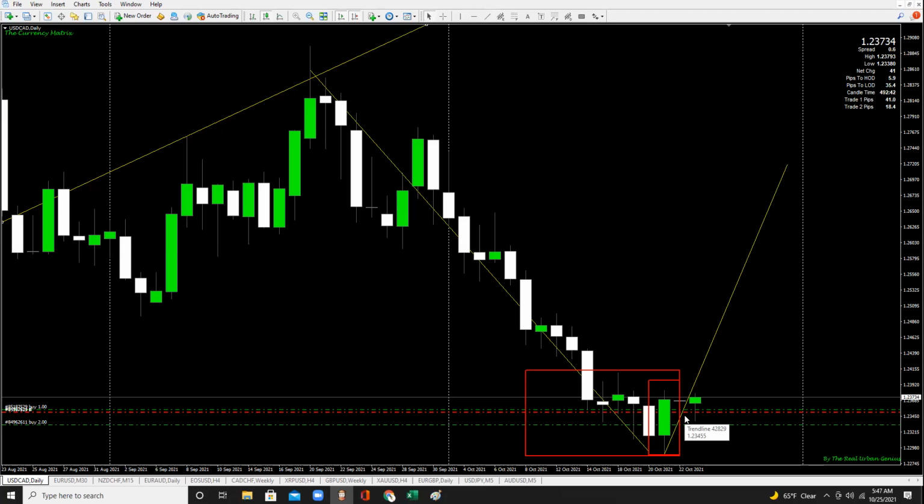Make sense? So we'll continue to get bullish candles here on the CAD. We can hold this for quite some time until we have a confirmed closed bearish candle. Make sense?